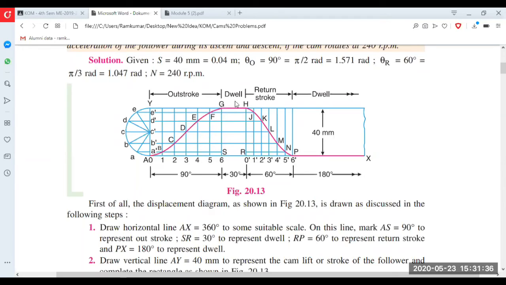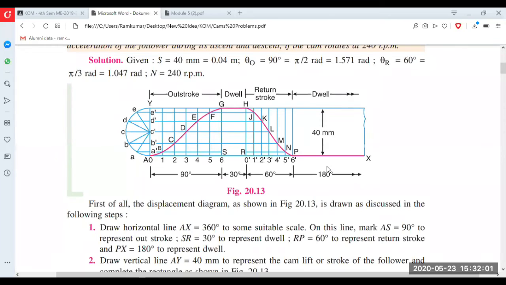Rise, dwell, return, dwell, this type of cam. So how to make divisions? If you are taking 360 degree as 36, it is not possible. So we have to scale it down to some smaller number. If you are scaling it down, then the 90 degree and 30 degree also you have to scale down.